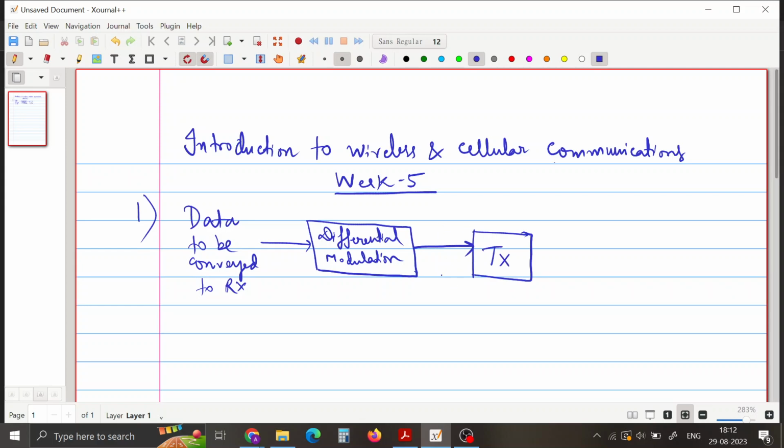So this here is what you need to find. This is the correct bit stream to be transmitted. That's what you need to find. That's the question. And the given data is, I think, 0 1 1 1 0 0.